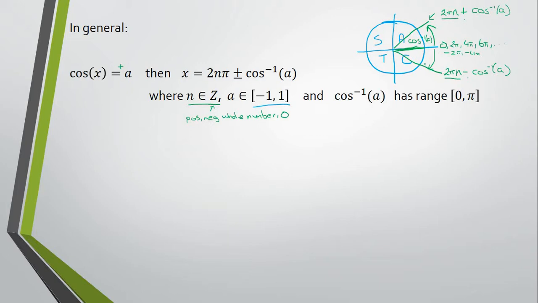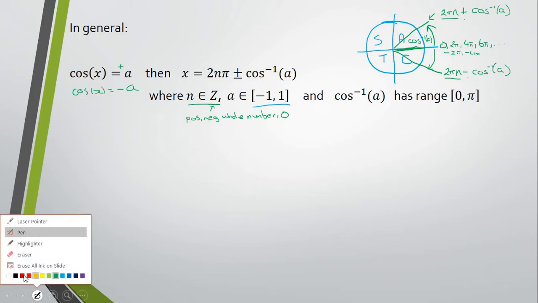This solution so far has allowed me to describe to you how we get the positive solutions. We need a way to get the negative solutions, okay? If cos of x was equal to -a instead, let me change colours to show the negative.